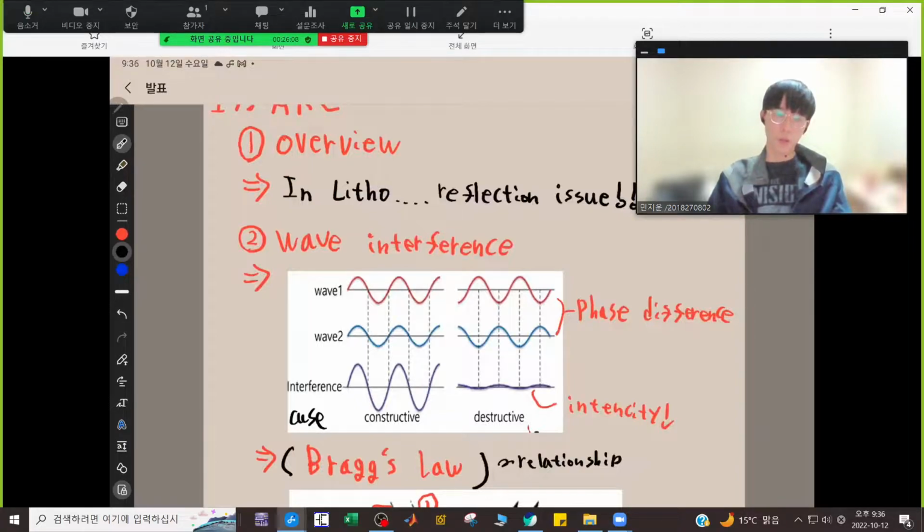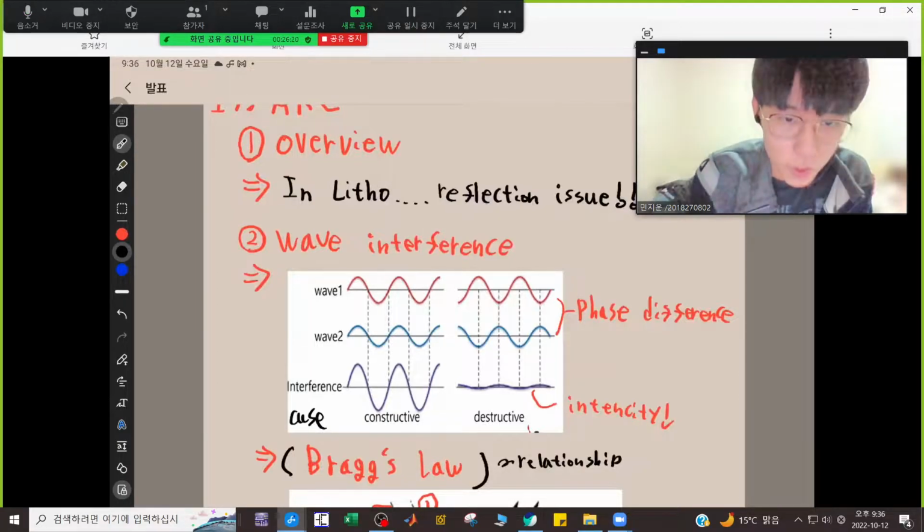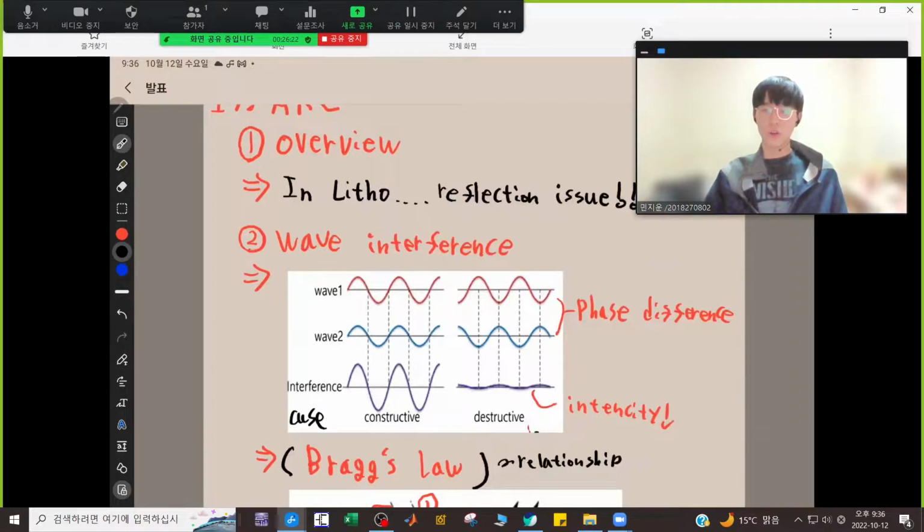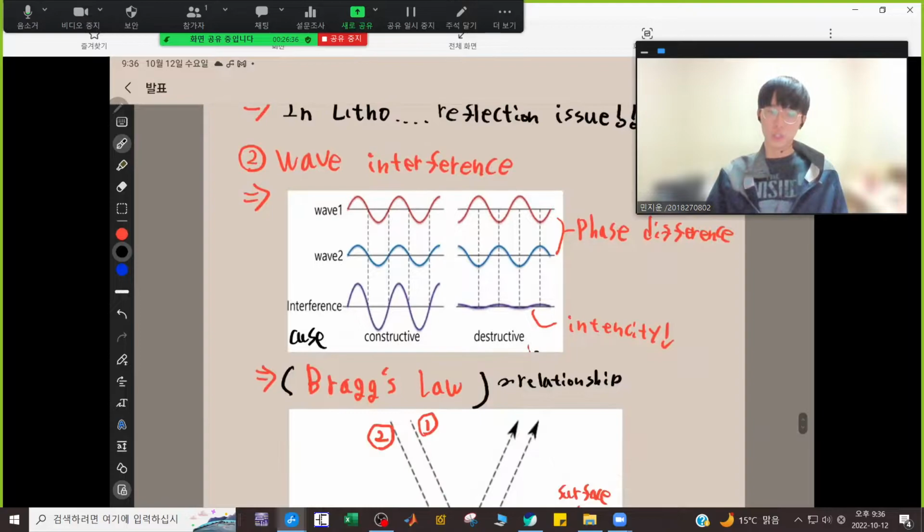Constructive interference has bigger intensity than the two original waves. On the right is destructive interference. If the two waves have a 180-degree phase difference, then by the superposition theory, the intensity is lower than before.